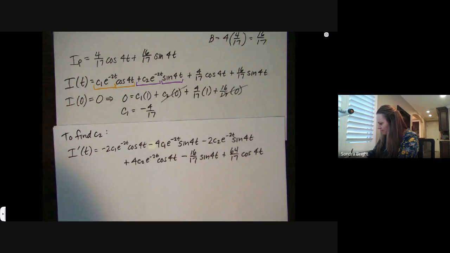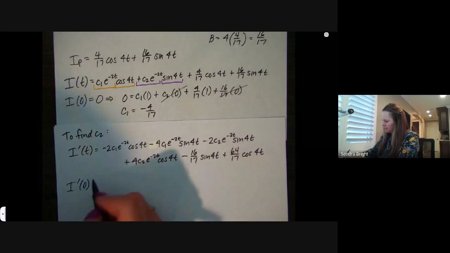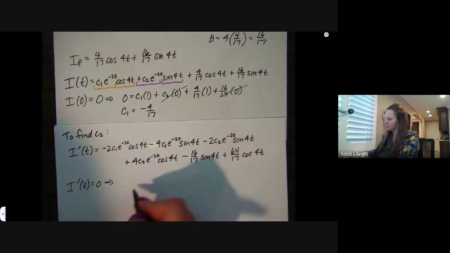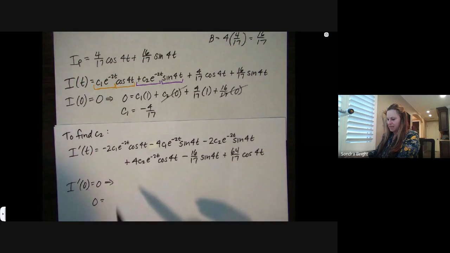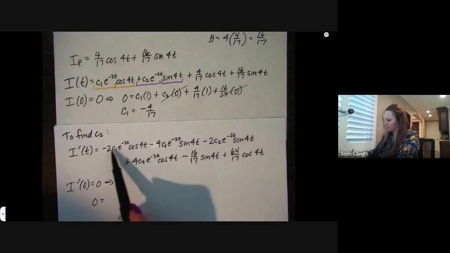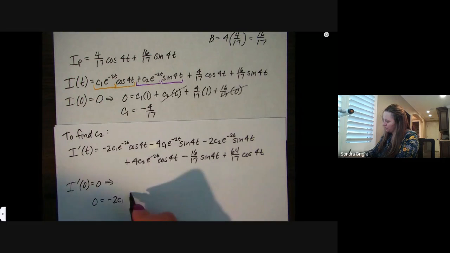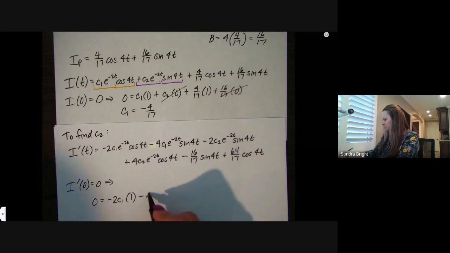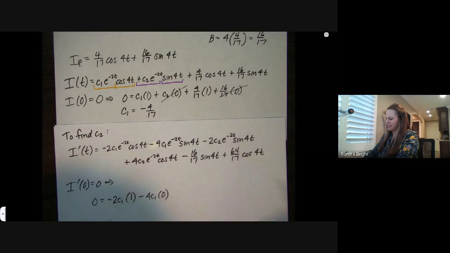All right, then plugging in that the derivative at 0 is 0 means we'd have 0 equals, plugging in a 0 for my t's here, a negative 2C1 times 1 times 1, and then a minus 4C1 times 1, but then times 0. Here I got another sine, so that's going to be another 0.